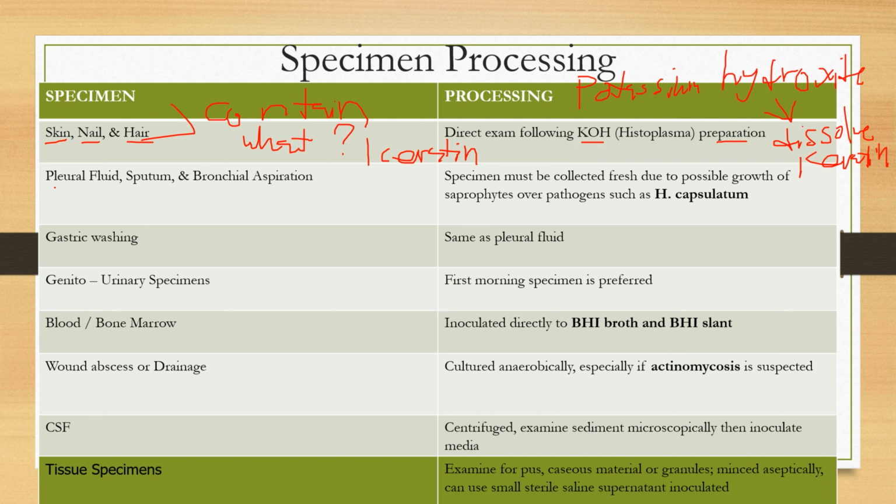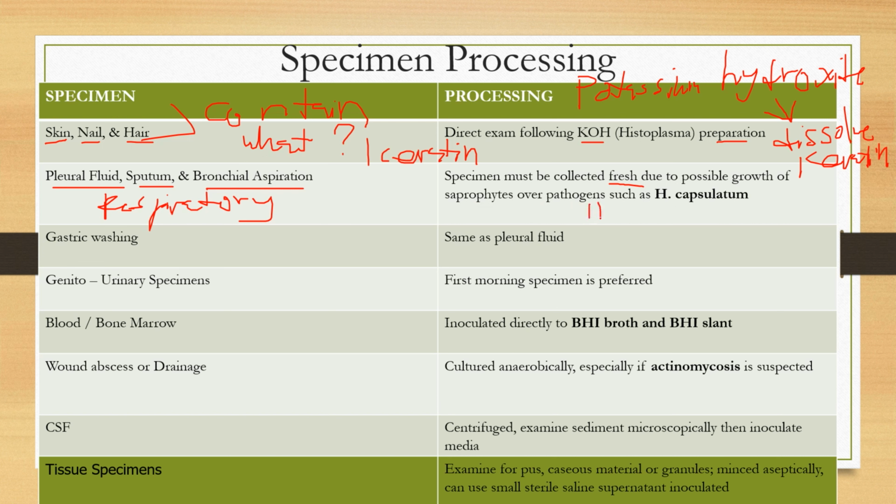Then for body fluids such as your pleural fluids, sputum, and bronchial aspiration, so these are respiratory samples. For respiratory samples, specimens must be collected fresh due to possible growth of saprophytes, yung mga contaminants niya, over pathogens such as H. capsulatum.